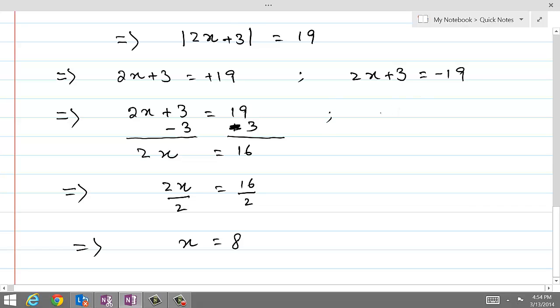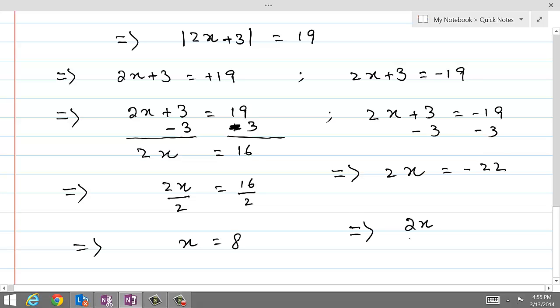And the other equation will be 2x plus 3 equal to minus 19, and we will be subtracting 3 again from both sides, and that should give us 2x is equal to minus 22. Now we will divide both sides by 2 to get the value of x.